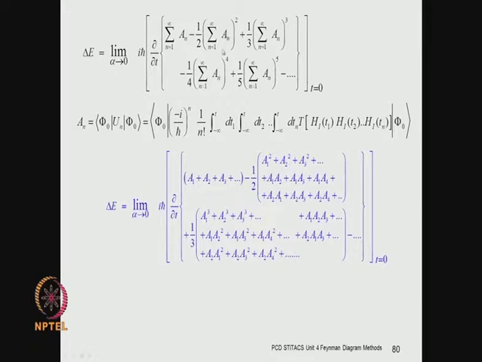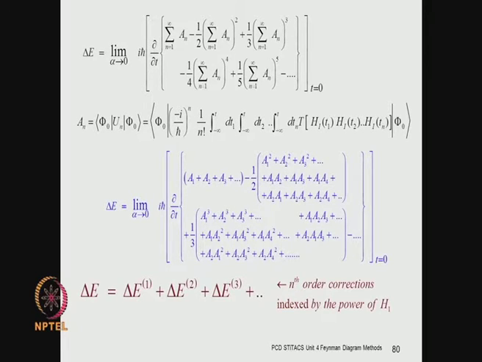Then you have got the squares of this, then you have got the cubes of this, and when you take the squares and the cubes and so on, notice that you get A1 square, you also get A1A2, you will also get A2A1. When you take the cubes, you will not only get A1 cube, A2 cube, A3 cube, you will also get A1A2A3, then you will get A2A1A3 in different orders, and these are all operators, so their positions are very important.